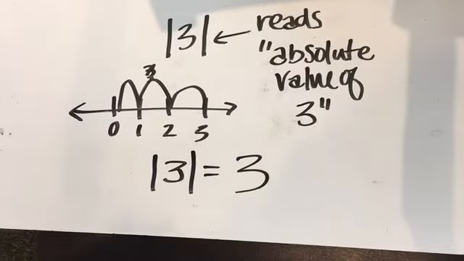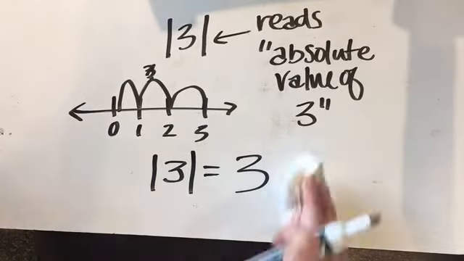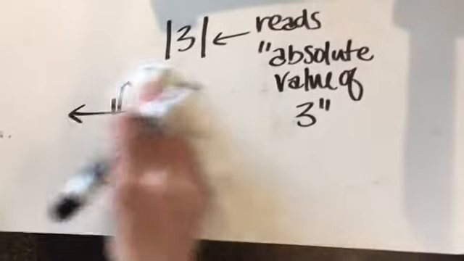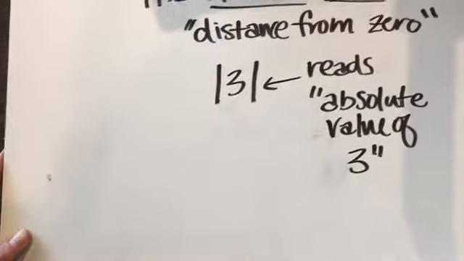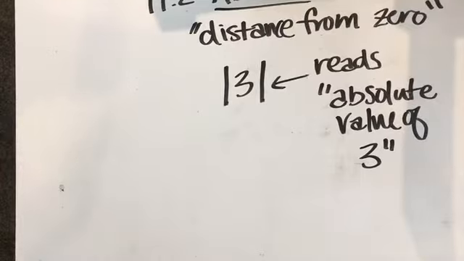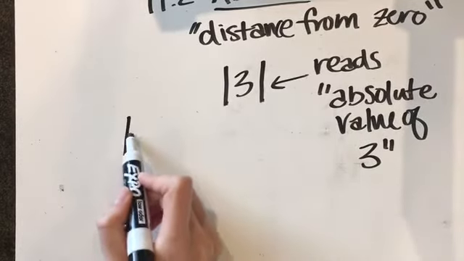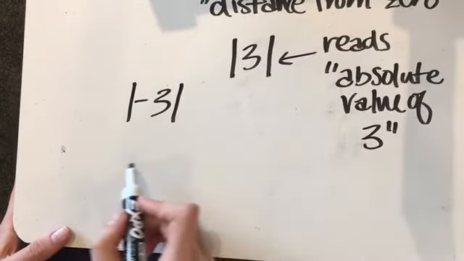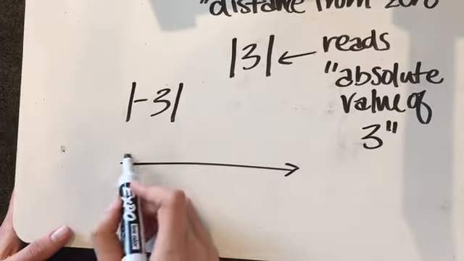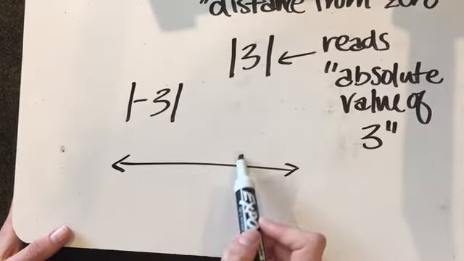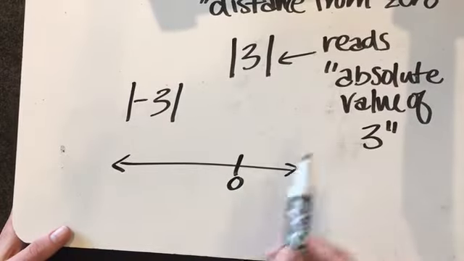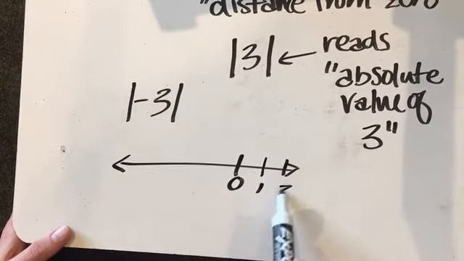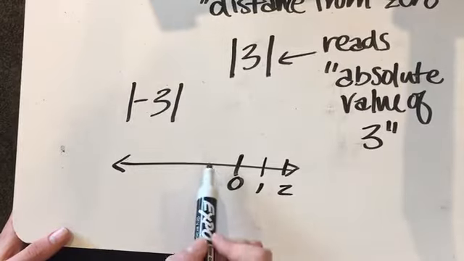Okay, what about another one? What about the absolute value of -3? So let's draw another number line. So if I have my number line here, and we'll put 0 on there. Now we could fill in to the right. We can put 1, we can put 2, but we really don't need 3. We're looking for -3.